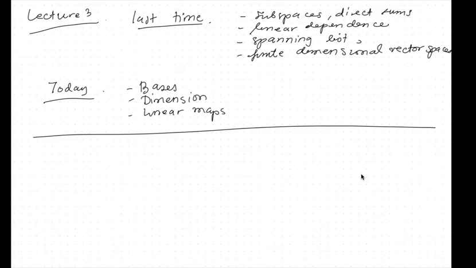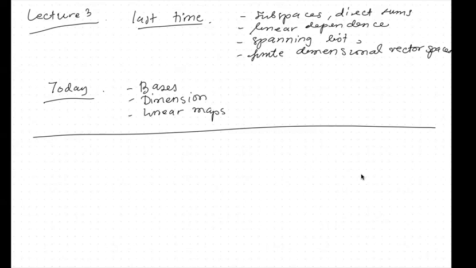And then with spanning set, we have finite dimensional vector space. So they are basically vector spaces spanned by a finite list, a list of finite length. When I say length, I mean the number of elements in the list. So today we will have the notion of basis first, dimension, and we will end with linear maps.